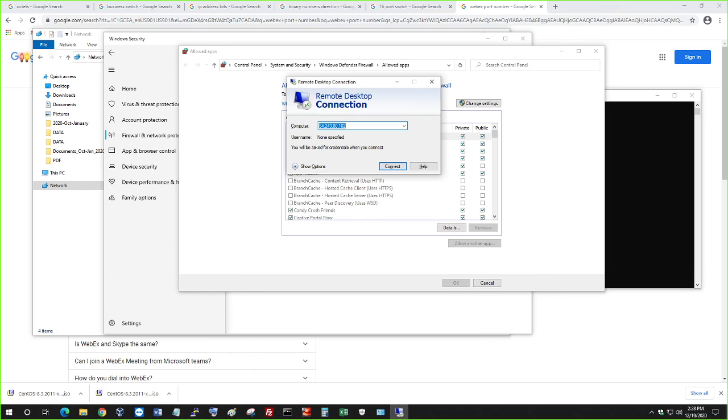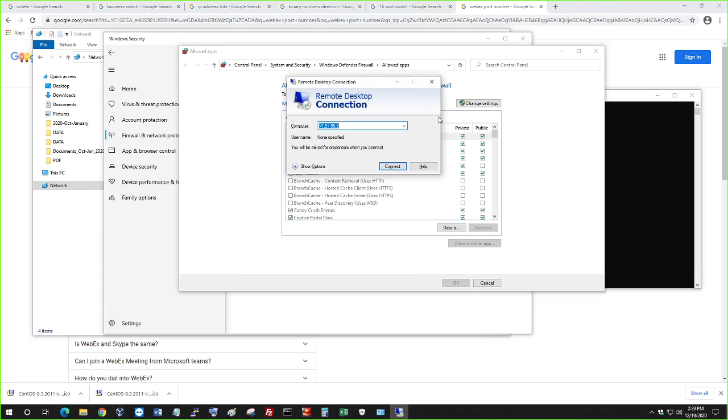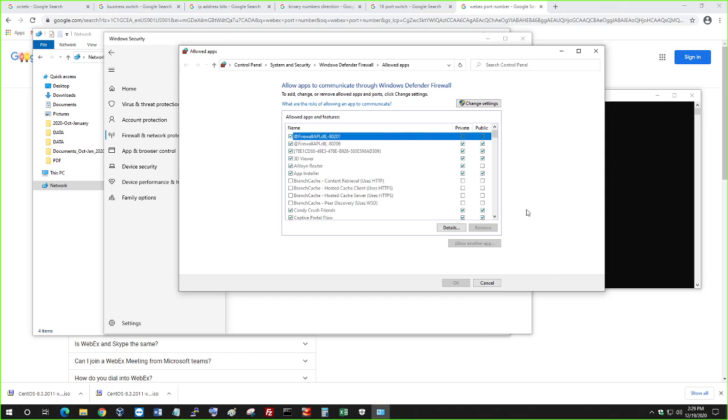So I'm going to connect to that assignment server. This is the IP address I have for there. It's not connecting. But anyway, you got the idea, right? The public is going outside the network and private is within the network.